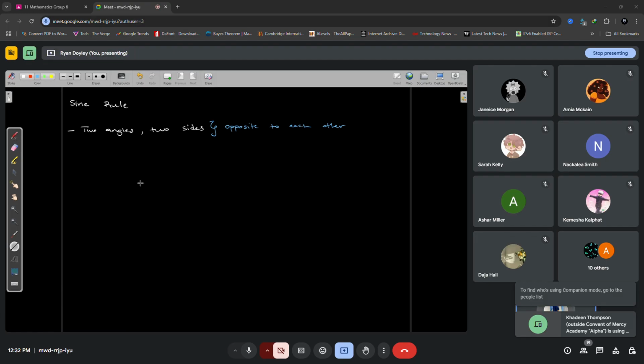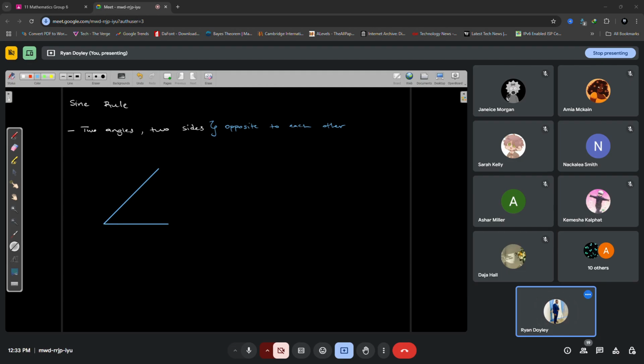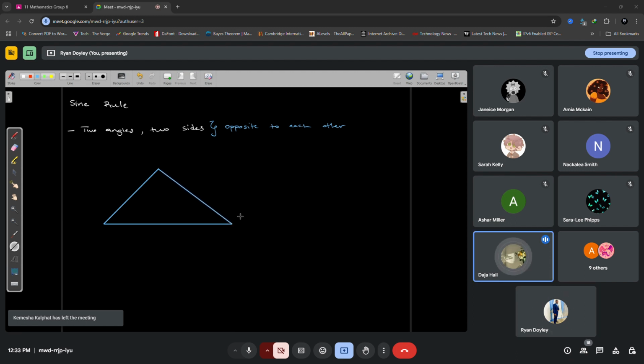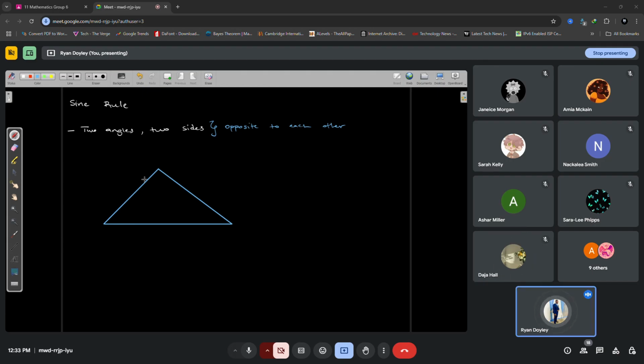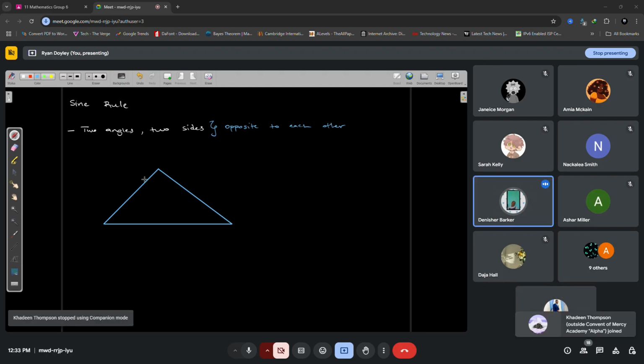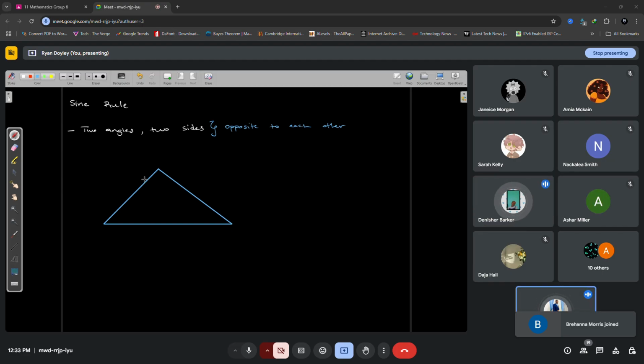So if we have a triangle, what type of triangle do we use the sine rule with? Any triangle that's not a right angle triangle. Yes, so these are for non-right angled triangles. And do you know the name of these types of triangles? Do we know the name of a triangle that does not have a right angle?